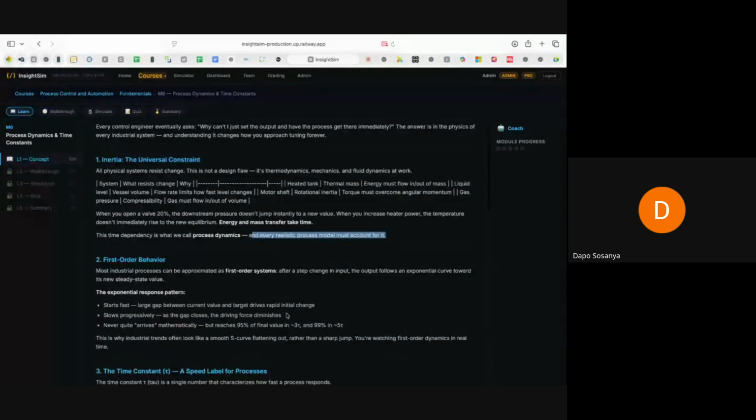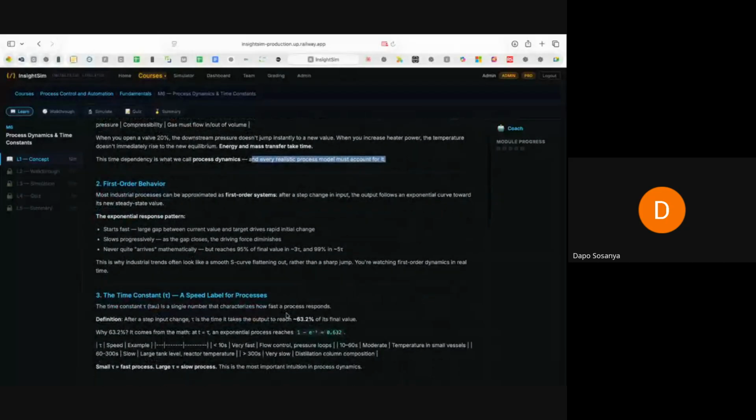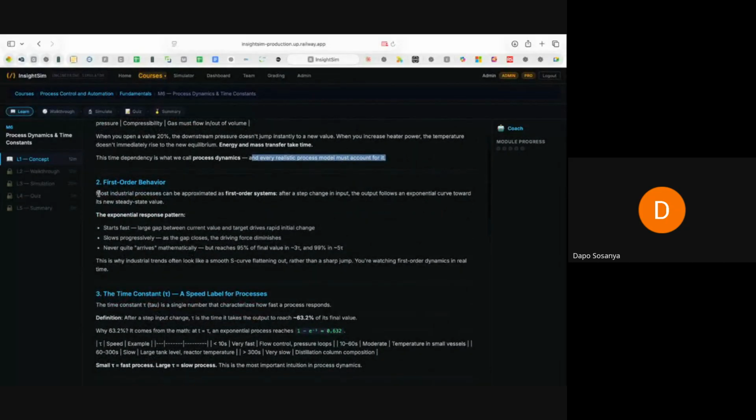All right, let's move a bit faster. So first order: most industrial processes can be approximated as first order systems. Right, now we're going into modeling. For the people doing CAP, I regularly teach them process models.